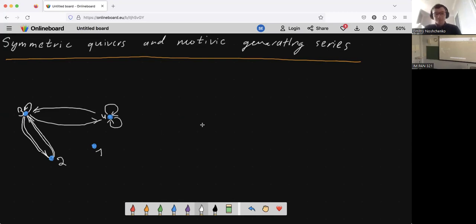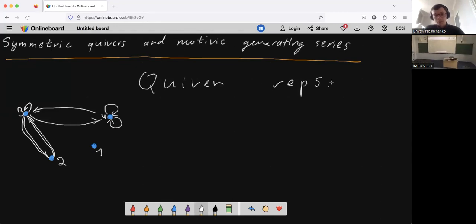And so we consider quiver representations, and by representation we mean that to every node of a quiver, we must attach a finite dimensional vector space, and to every arrow, we must attach some linear map between the corresponding vector spaces.